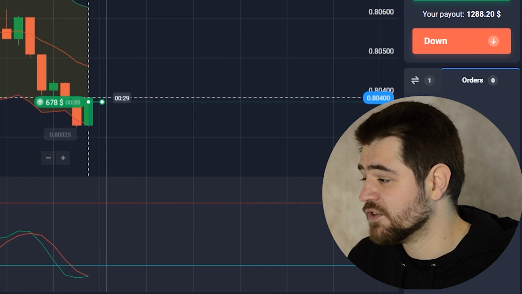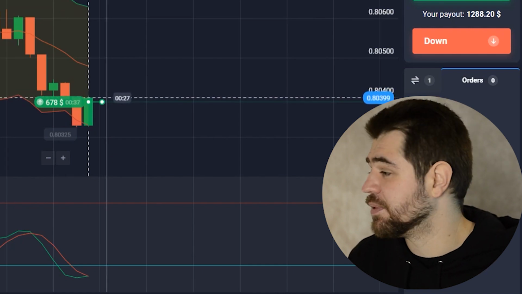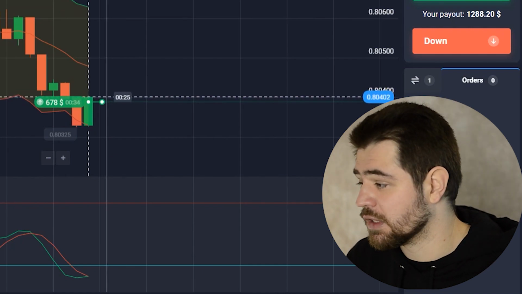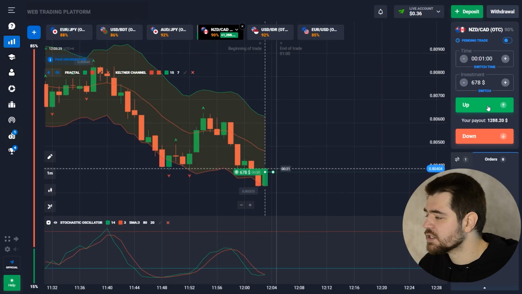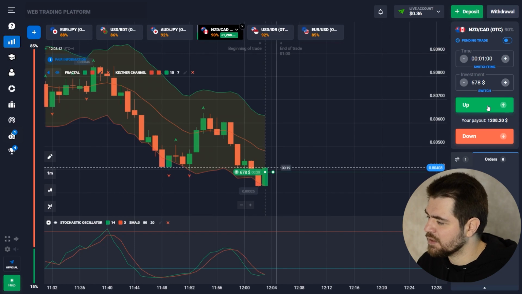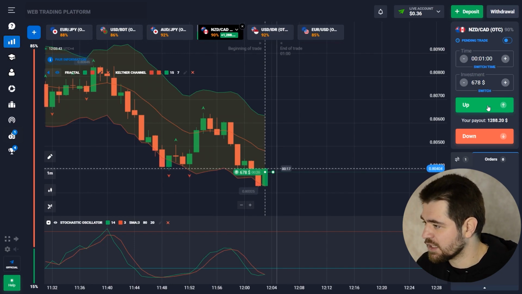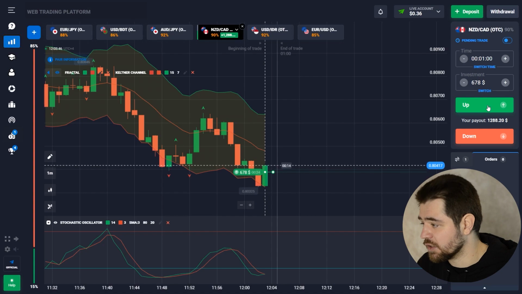And pretty much we have the stochastic almost crossing up the slower line, which means the asset will grow, the price will grow. So within the two, we can expect that the price is gonna grow.